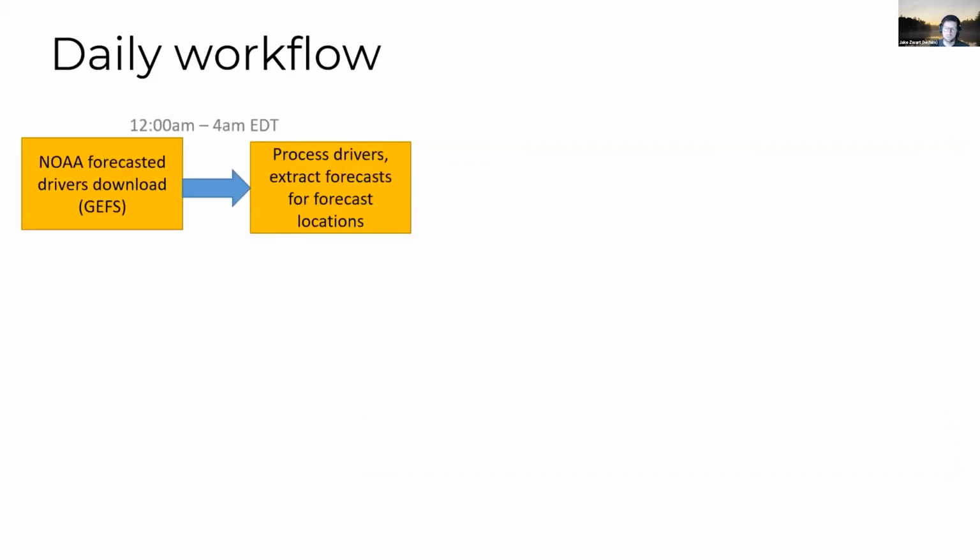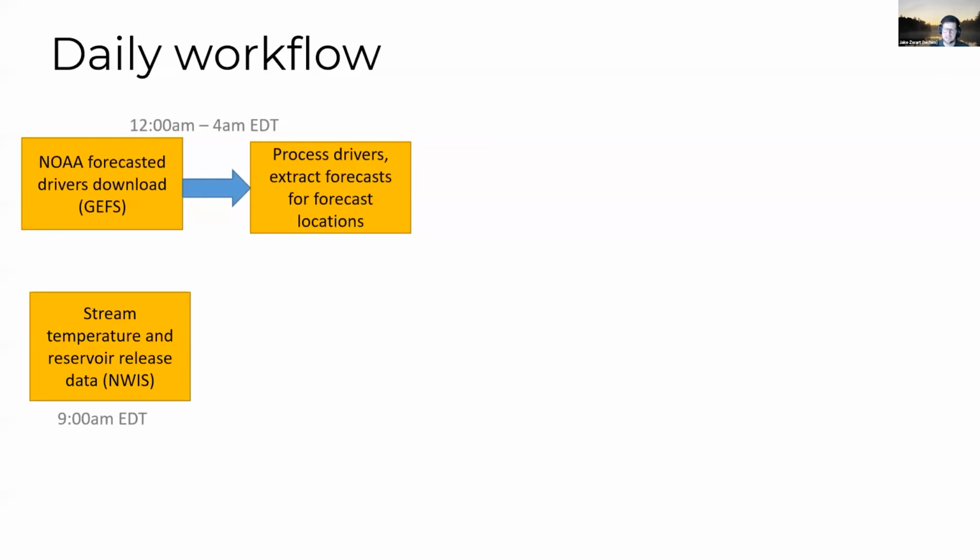So this is a brief overview of our workflow. Every day we're automatically downloading the most recent weather forecast from NOAA starting at midnight. It takes about 4 hours to download, and it takes quite a long time because we're also creating an archive across the entire US to use in other model prediction applications. Next, we automatically download the most recent stream temperature observations and reservoir releases. That's triggered at about 9 a.m. every morning.